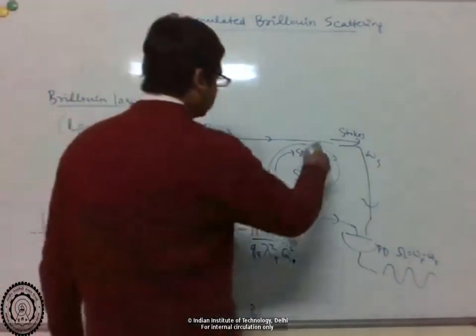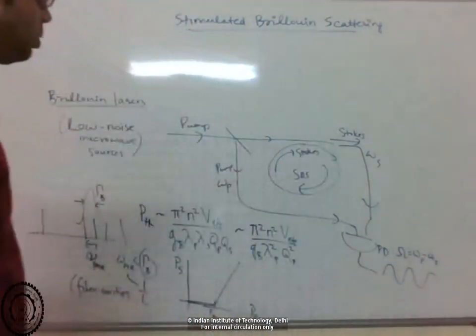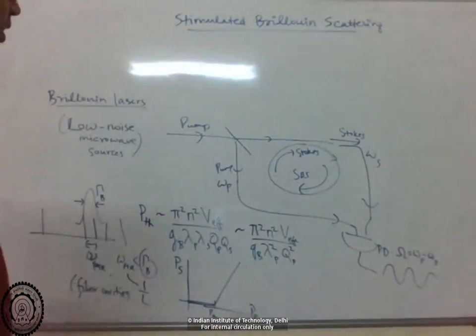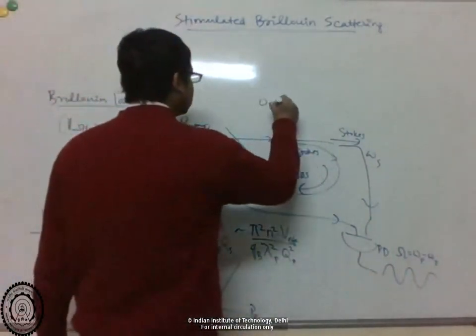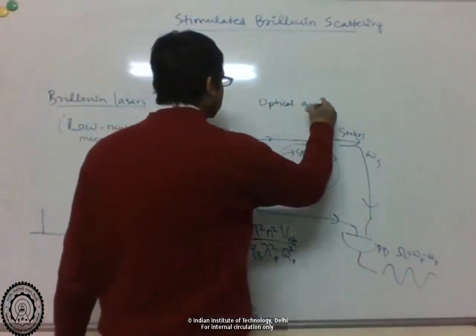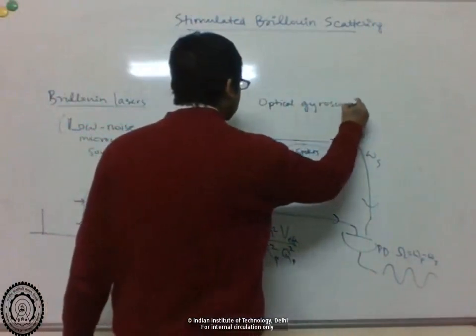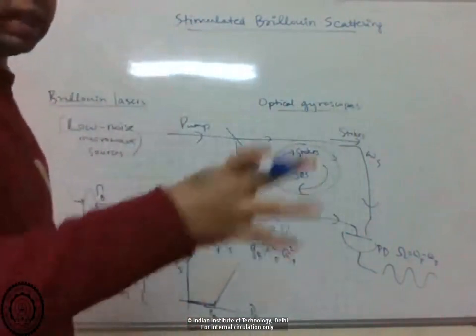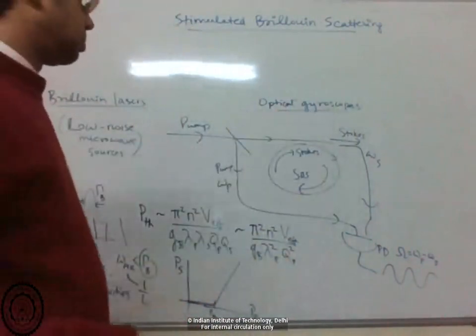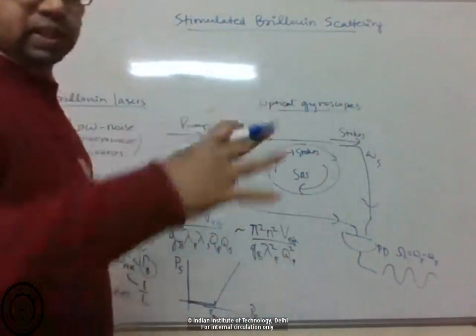Another application for fiber-based Brillouin lasers is gyroscopes. Gyroscopes are devices which detect motion, like rotation, to sense orientation.